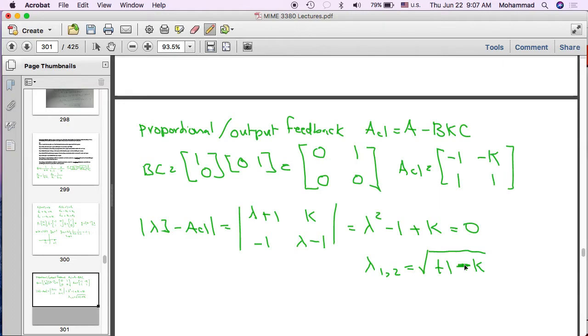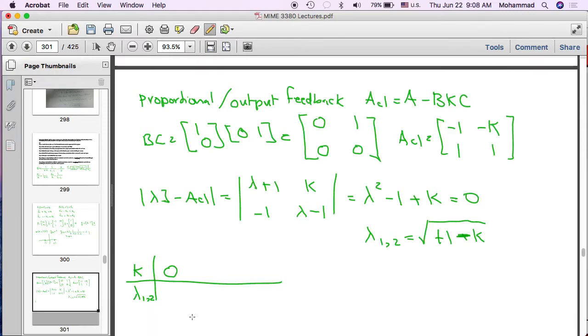Okay, so where are the two lambdas when k is 0? So k versus lambda 1 and 2. And plus or minus, by the way, we need a plus minus here because we are taking the square root. So where are the two lambdas when k is 0? Plus 1, minus 1.